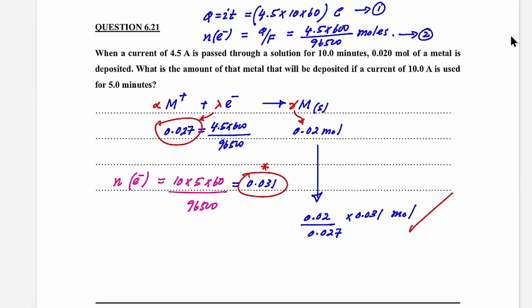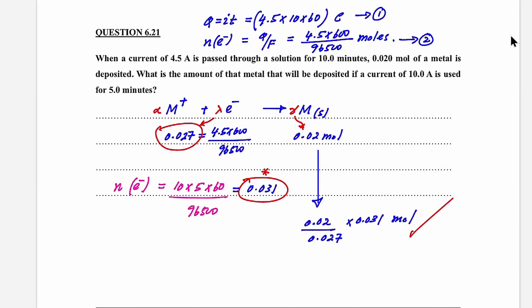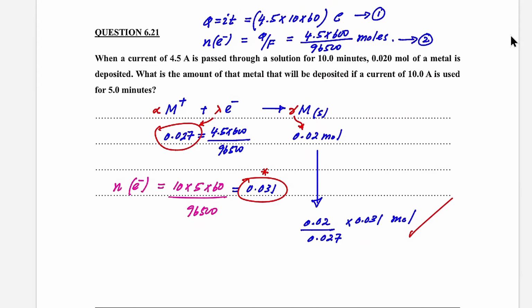What is the problem? I don't understand. And like 4.5, it lasts for 10 minutes and then you get this much of a metal. Yeah, so you get this much of metals, yes.